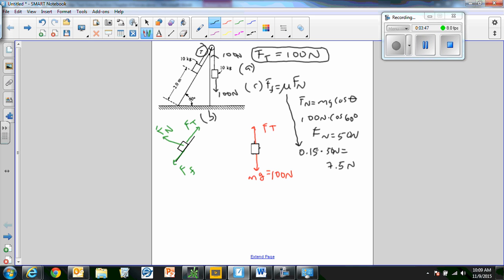Oh, 0.3. No, that's the wrong one. Hold on, let me erase that. This is 0.3. So 0.3 times 50 gives me 15 newtons. Yeah, that's the answer. I don't know how I got 13.4 on it, but it's 15. So 15 newtons pointing downhill, but they don't care about that. They just ask for the magnitude, which is just the number.